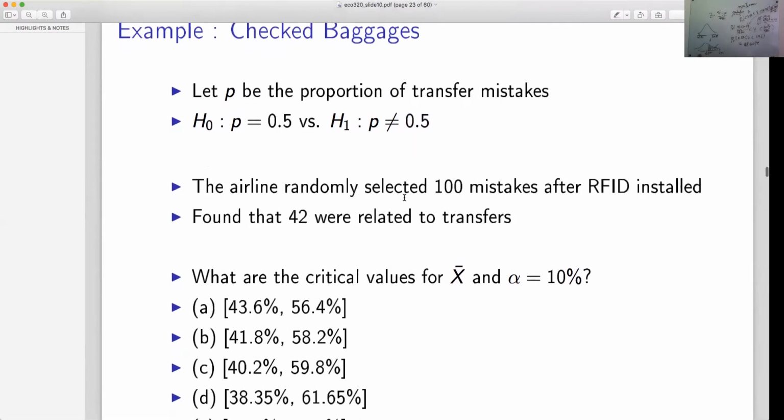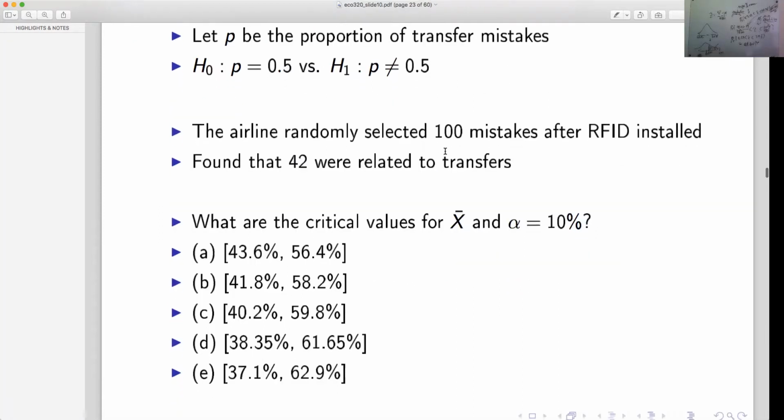The airline randomly selected 100 mistakes after this was installed. So the sample was 100 and found 42 are related to transport. So what are the critical values of this and this for alpha equal 10%? Please pause this video and try to work on this.